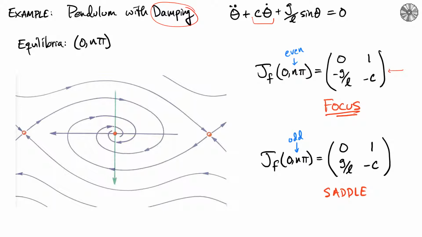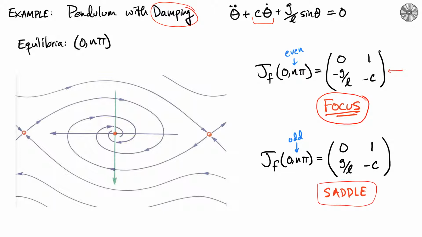And again, I recommend that you find the eigenvalues. You'll see that this has complex values with negative real part, and so that means that you have a stable focus. In the odd case, you still have this saddle.